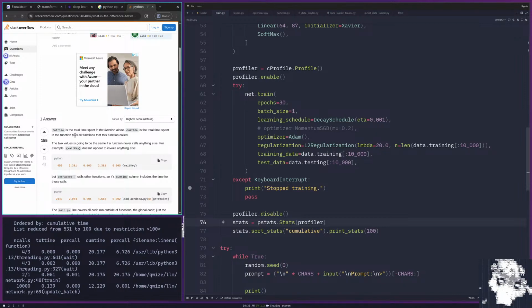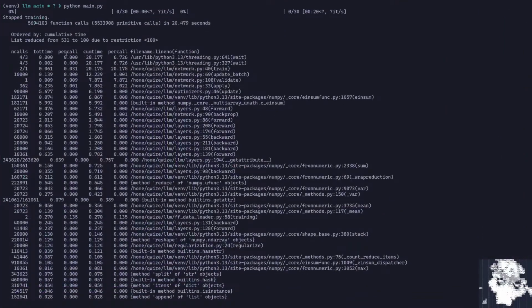Oh, okay, in the function alone. So I'm doing something slow in optimizers.py that's not because I'm calling something slow.